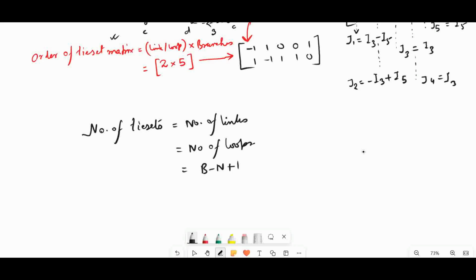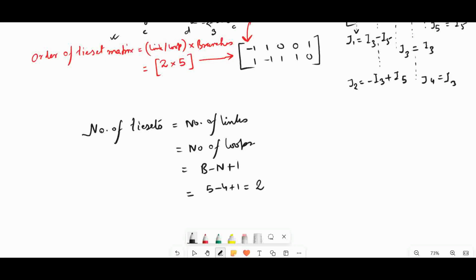So for the above question, the value is 5 minus 4 plus 1 equals 2, right? Then the branch current is obtained from the loop current, or the dependency is on the loop current, and the total number of KVL equations is equal to the total number of links, which is given by b minus n plus 1. So this is the basics behind the Tieset matrix. So I hope you have understood.